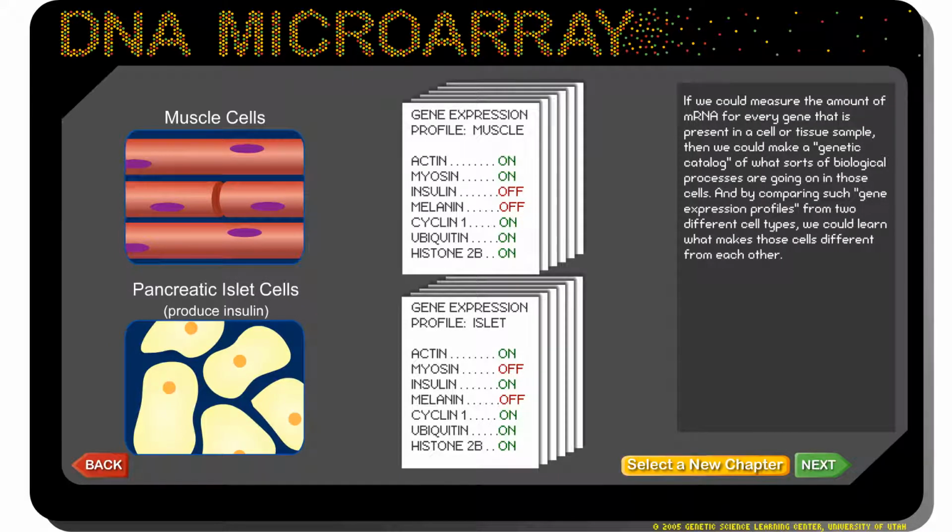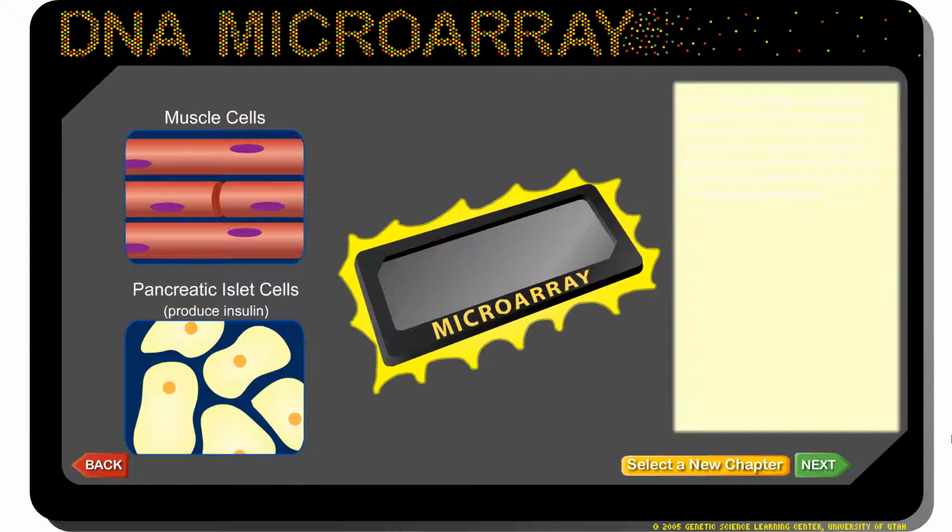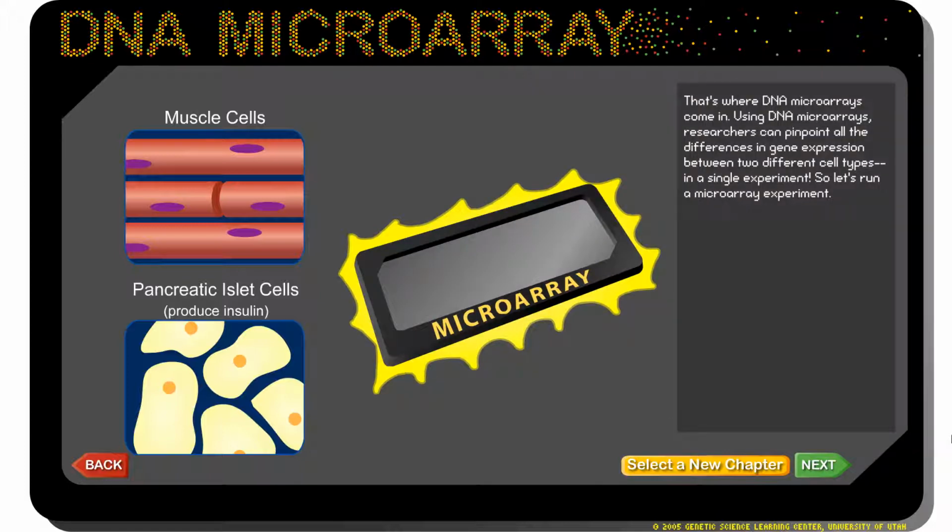We compare this to the beta cells of the pancreas, for example, here. You can see what genes are active in these cells. Using a microarray chip, we can actually detect what genes are active in any given cell as long as we can check for mRNA production or its presence in the cytoplasm.